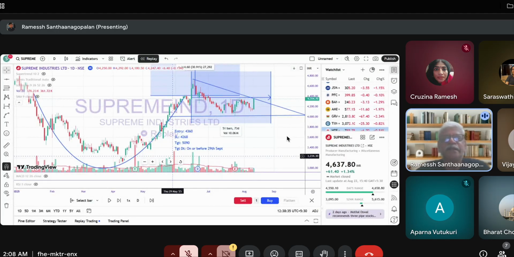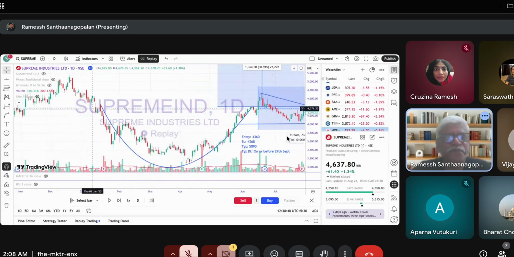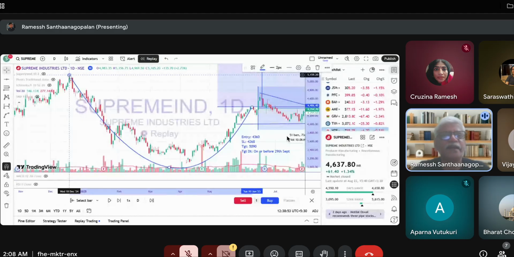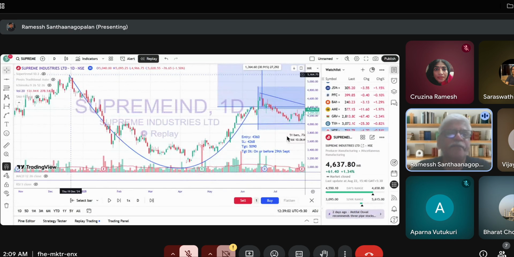Why did it not hit the target? Because even though you saw there is some sort of pattern, actually this is the place where the stock has started coming down, not this. And at this level, only if it crosses can you say that the breakout can happen.